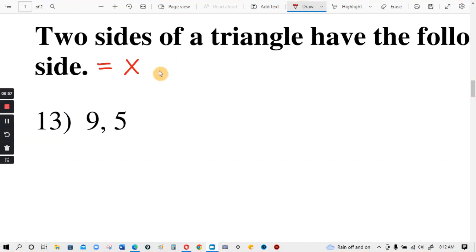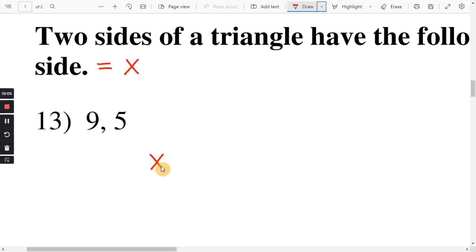So we let the third side equal x, right? So x is going to be less than the sum, but greater than the difference. Let me rewrite that.